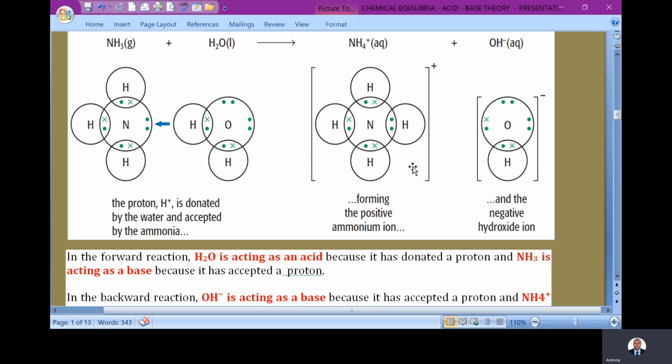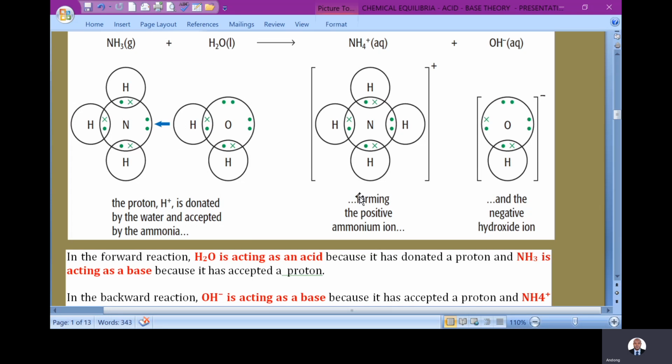In the forward reaction, ammonia plus water gives ammonium ion and hydroxide ion. The water molecule donates a proton to ammonia to form ammonium ion and hydroxide ion. So water is acting as an acid, and ammonia is acting as a base, accepting a proton.